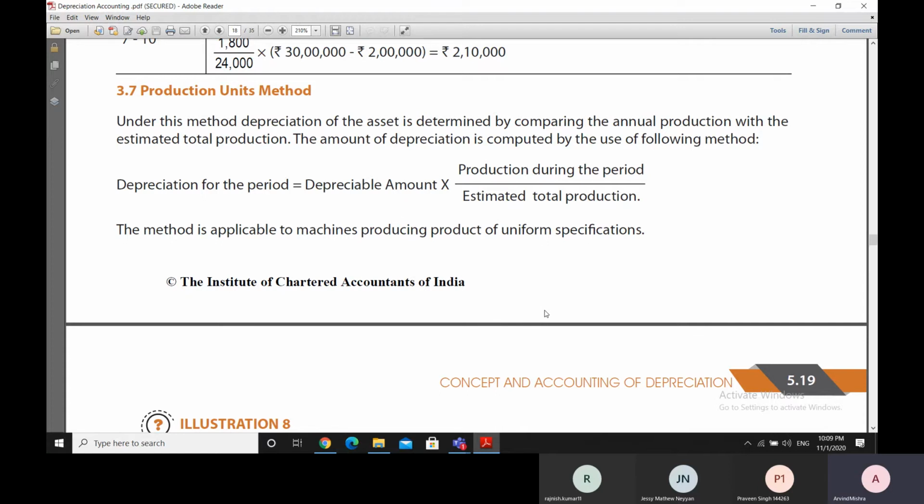And then we use the formula that depreciation for any year will be equal to the depreciable amount into production during the period upon estimated total production. So here what we are seeing is not the number of hours the machine is working, but the amount of production the machine is doing.